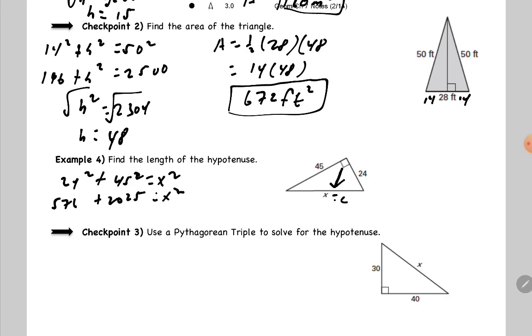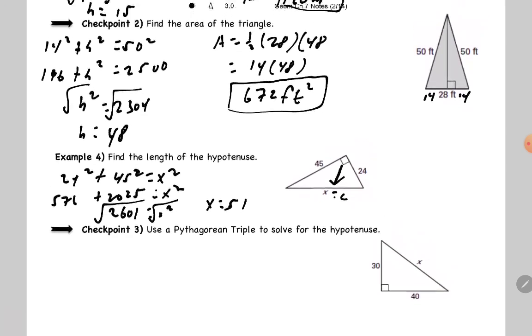And we're going to add this up: 2601. If we take the square root, we get x equals 51. Crazy. I'm just going to make sure that 51 times 51 does indeed equal 2601. Yep.